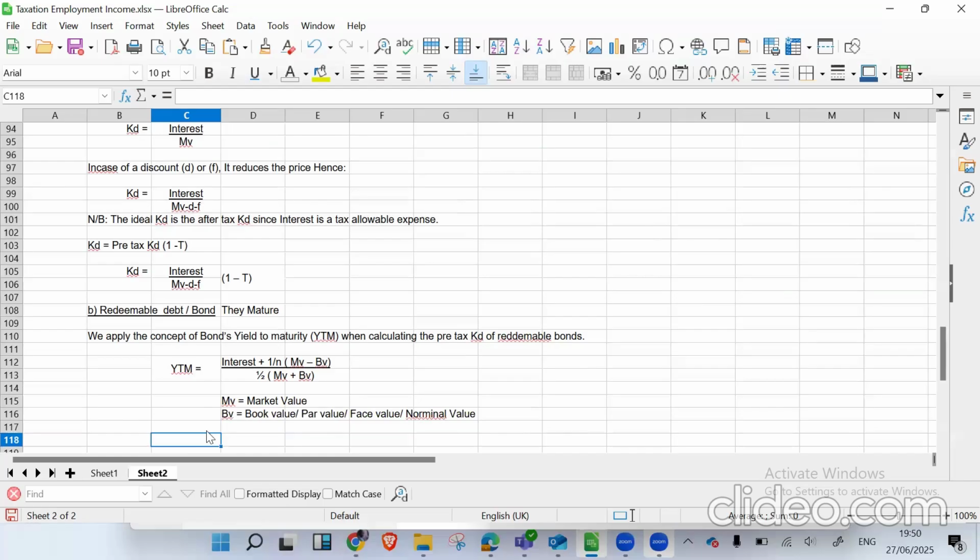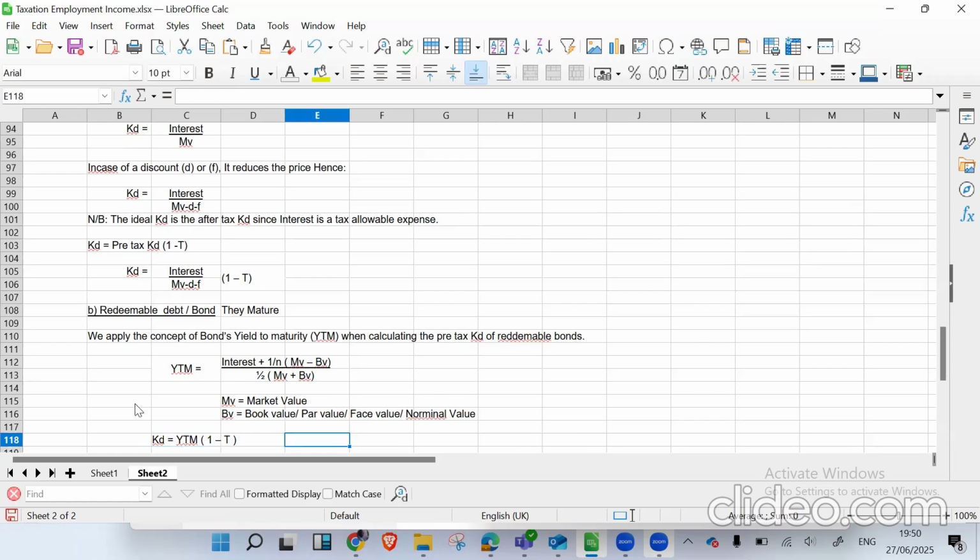Now, remember what we've said, that yield to maturity gives us the pre-tax KD. We apply it when calculating the pre-tax KD. Now, for us to get the ideal KD, we shall take the yield to maturity, then multiply by 1 minus tax. Just as we said, YTM into 1 minus T, because YTM is the before tax KD.